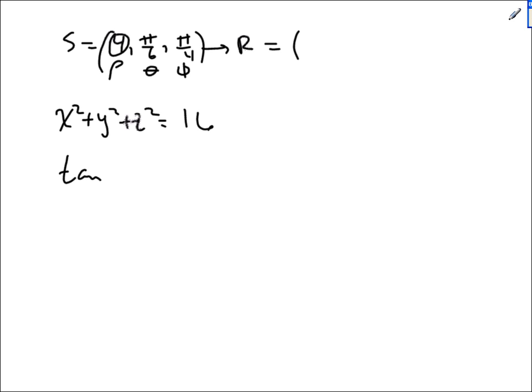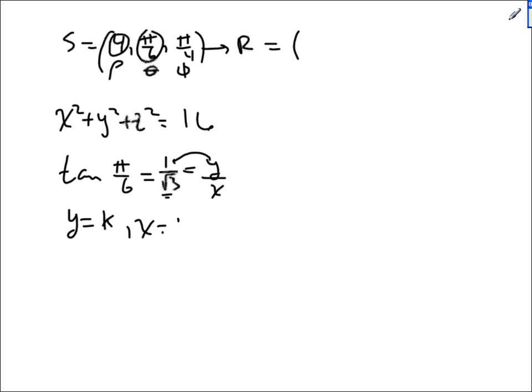The tangent of theta, namely pi over 6, on one hand, that's 1 over square root of 3. On the other hand, it's y over x. That means y is some constant times 1, and x is that same constant times square root of 3. That way, I guarantee you, y over x, k over k is 1, I'm getting 1 over square root of 3. There's no other way of getting 1 over square root of 3.